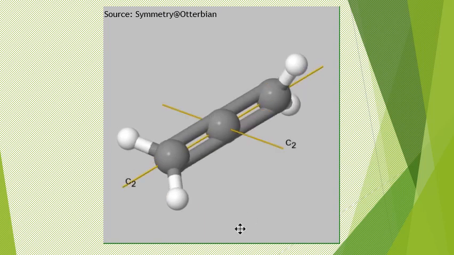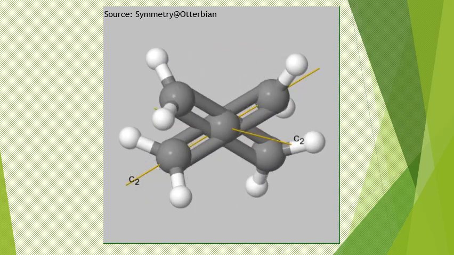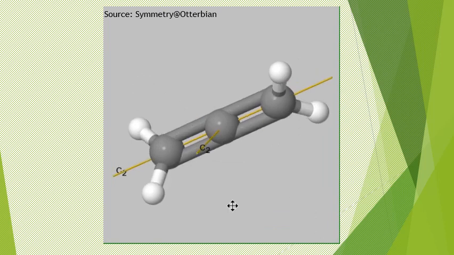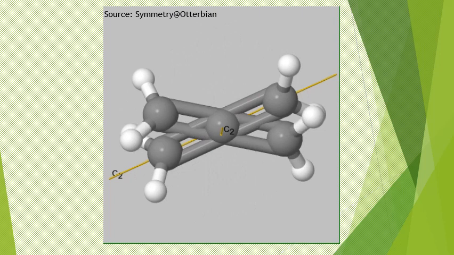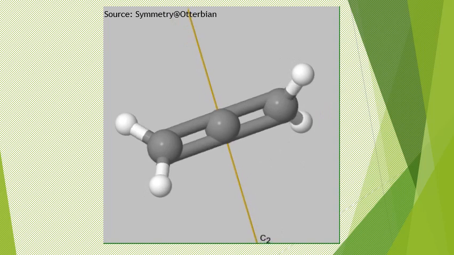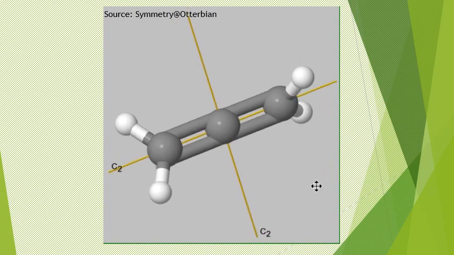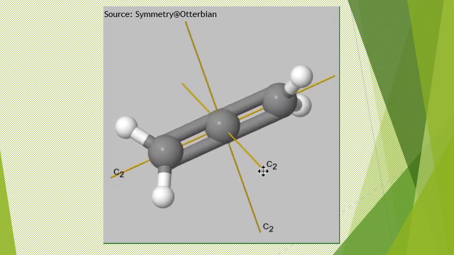See, this is one C2 on which the molecule can be rotated to give back the molecule in its original orientation. And one more C2 does exist for this molecule. See, consider this is one more. So if I show all the C2s simultaneously, they are perpendicular to each other.